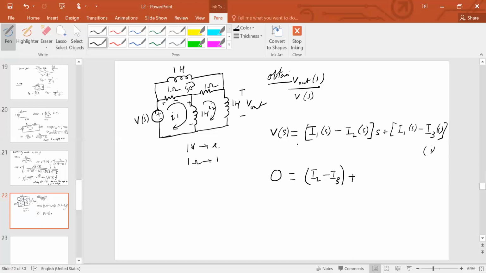Plus, through this inductor, again, this is the direction of current flow. This is the positive terminal, this is the negative terminal. So you can write S times I3 only, okay? Plus, this is the third element. Again, that is S times the flow of current.